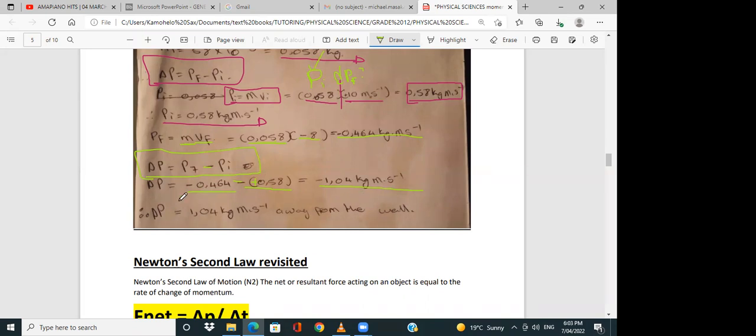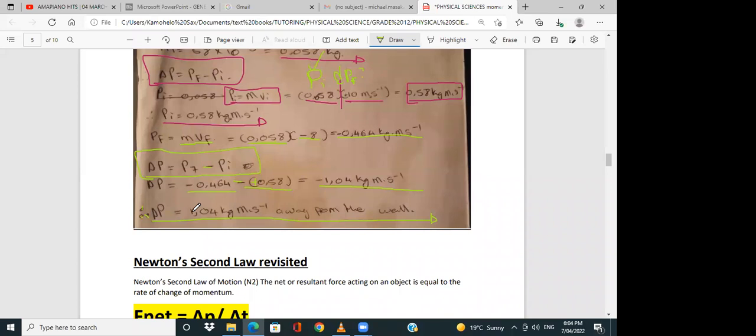And then finally, our change in momentum. Look here, your final answer, is you writing down a statement to the person who asked you a question.